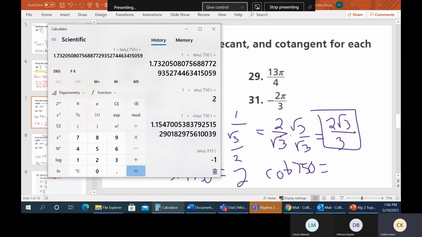And now we got 1.732. So what does that guy equal? Remember what we said 1.732 is equal to? What square root does that one work for? Square root of what?